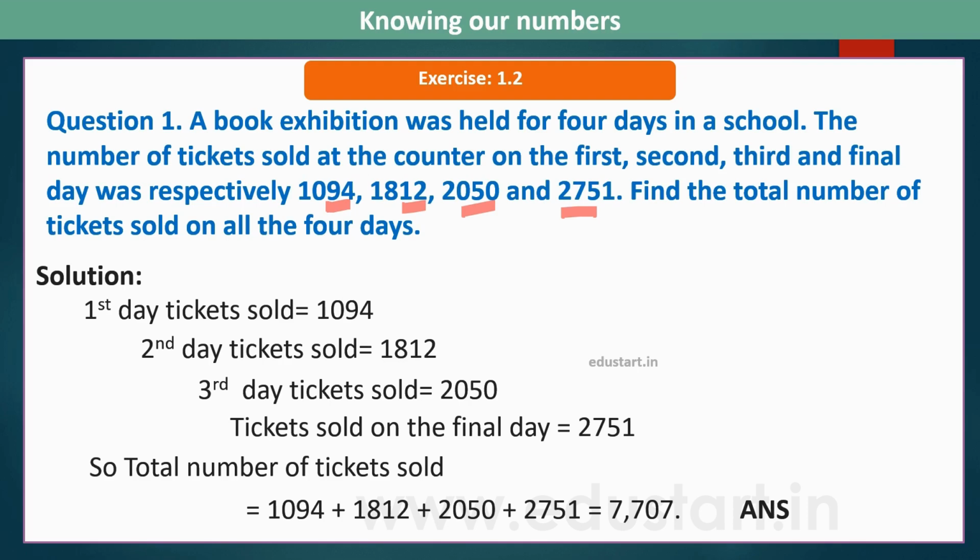First day, how many tickets sold? 1094. Second day 1812, third day 2050 and on the fourth day or the final day 2751. So the total number of tickets sold is equal to the sum of all the 4 days tickets sold. So if we add all, this is the answer, 7707. Clear?